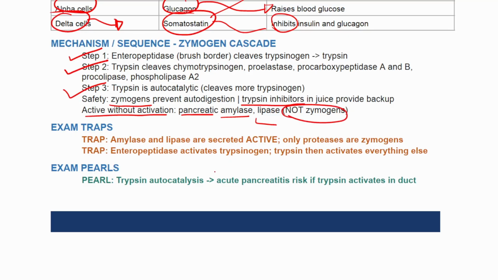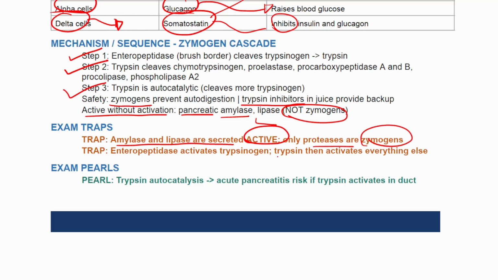Now pay critical attention to these high-yield exam traps below. Examiners frequently will try to catch students off guard by claiming that all pancreatic enzymes are secreted as inactive zymogens. You must protect your score by remembering the trap that pancreatic amylase and pancreatic lipase are secreted completely active. Only the proteases are released as zymogens.